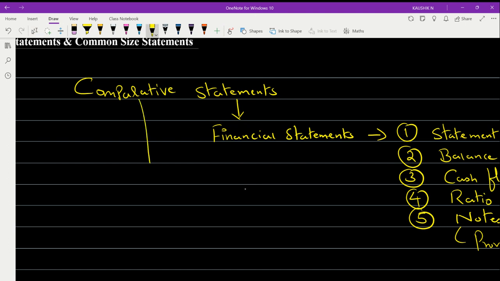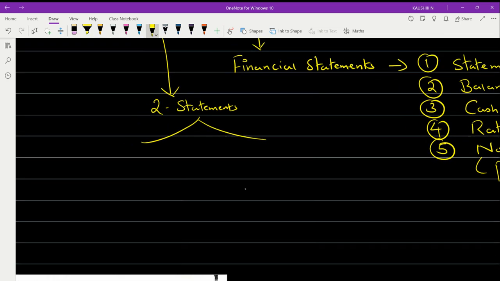The two financial statements which are eligible for comparison are the statement of profit and loss, and on the other hand, the balance sheet.